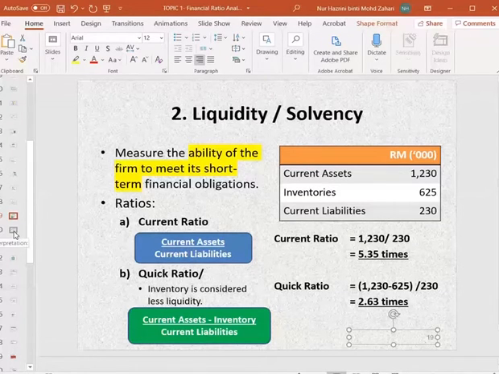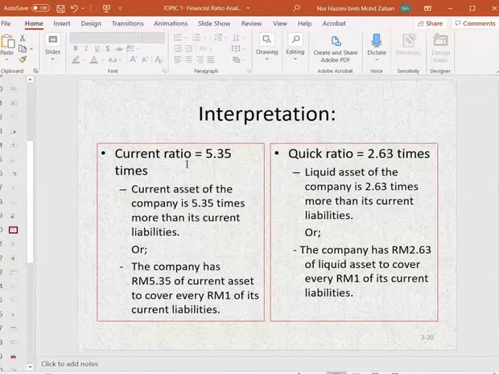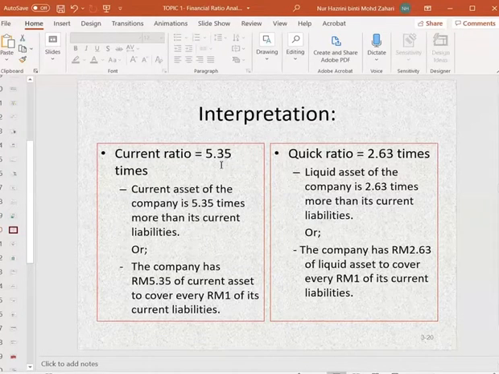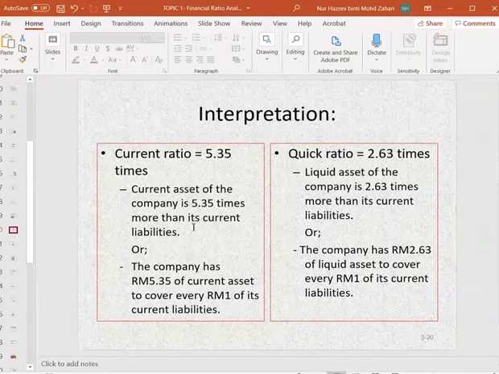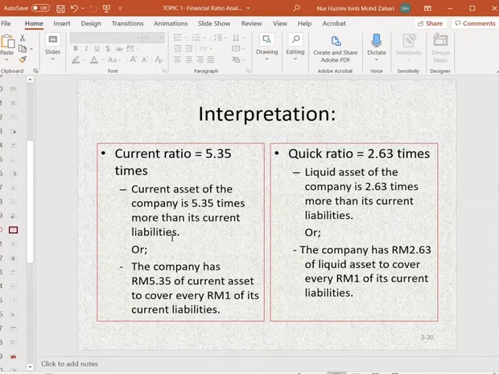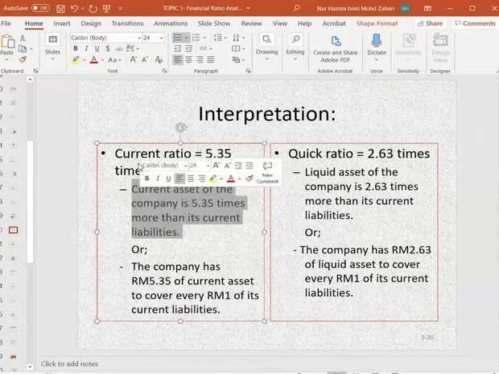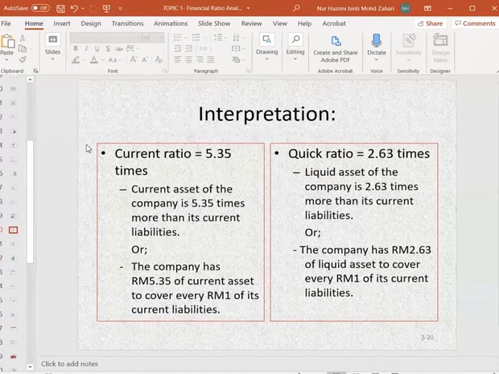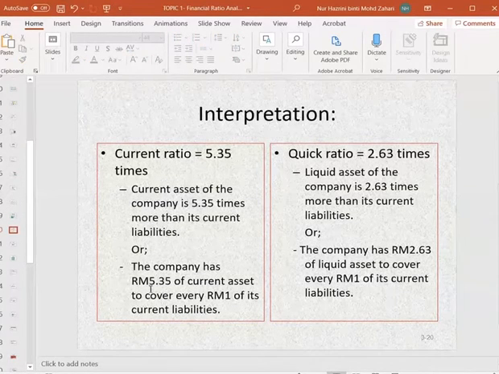Next we will look at how we should read this ratio. For the current ratio, we got 5.35 times just now. It means the current asset of the company is 5.35 times more than its current liability. But if you interpret like this, maybe it is not really clear yet, so interpret in another way.